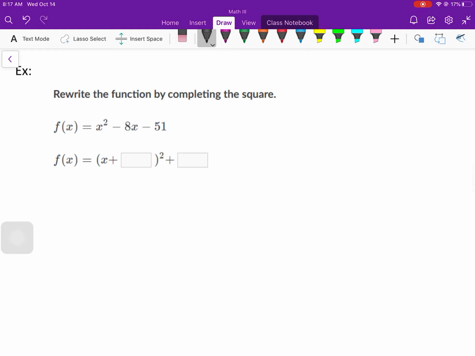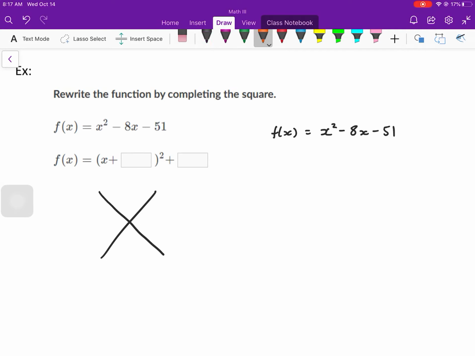So here's what I wanted to do. Notice this one doesn't equal 0. They're keeping everything on the same side. So we have x squared minus 8x minus 51, and I guess we'll say that f of x equals that. Let's go back to that method. I like that method because you can already see it factored out.